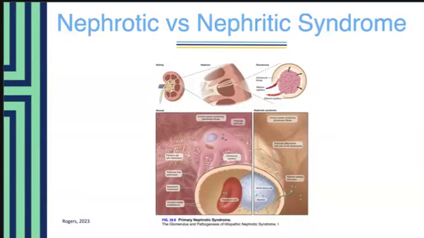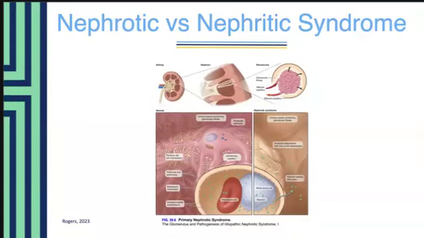Nephritic syndrome and glomerulonephritis is what can lead to decreased urine output, hematuria, blood in the urine, and hypertension due to the underlying inflammation and damage to the glomeruli. The inflammatory process causes leakage of red blood cells into the urine, resulting in hematuria.